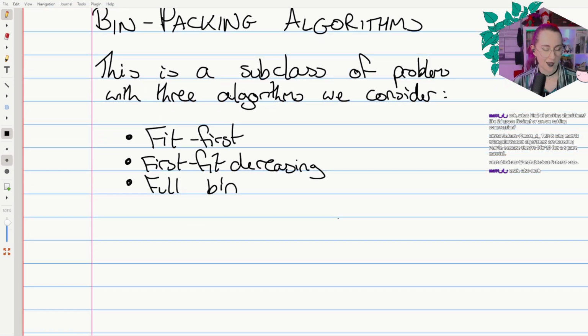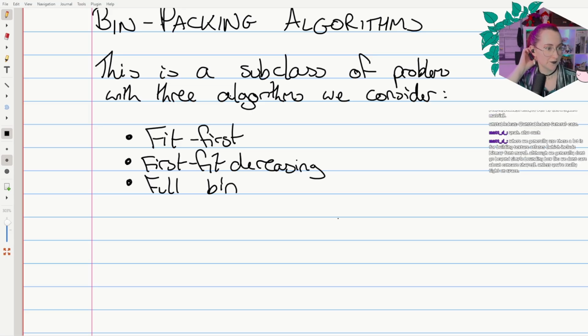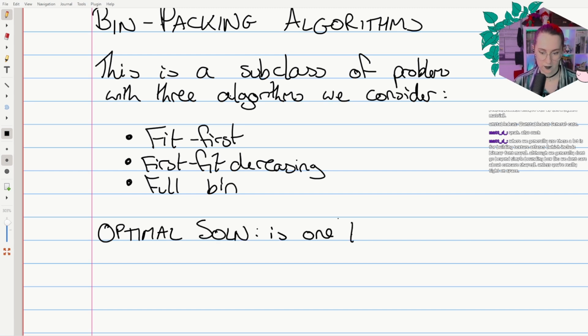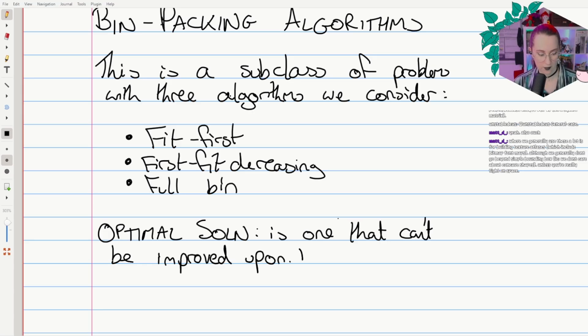Note that in this case, we define something called an optimal solution, where the optimal solution is one that can't be improved upon in this instance.